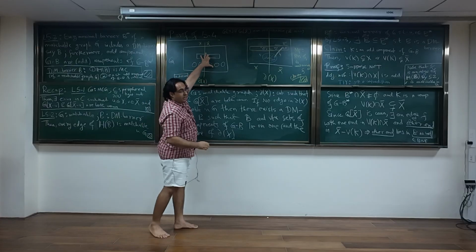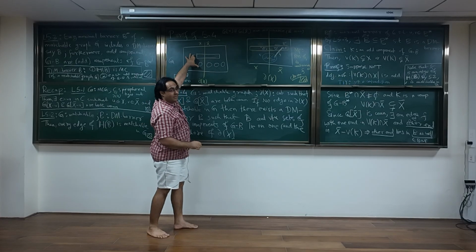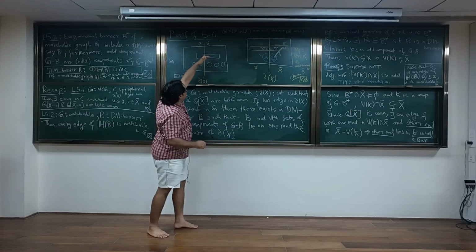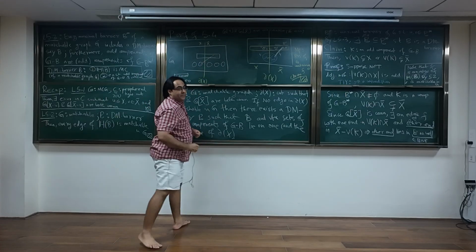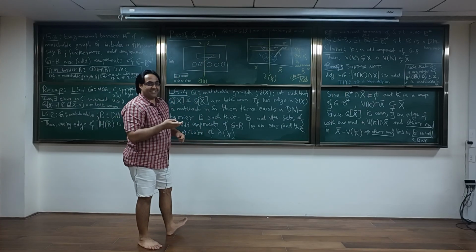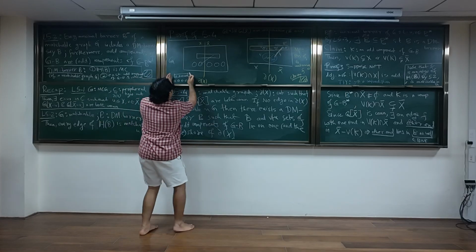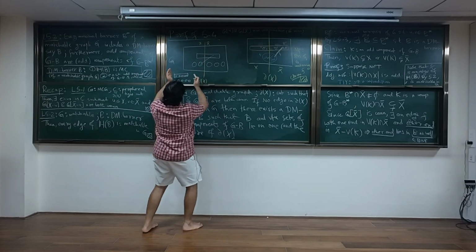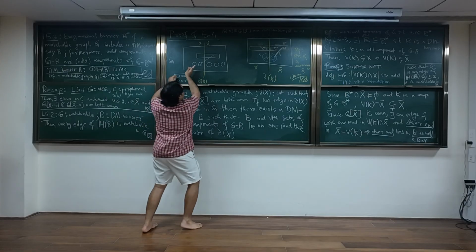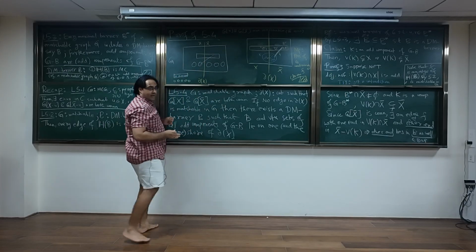If the entire core is not on one side, that means that some edge of the core will belong to the partial of X cut.